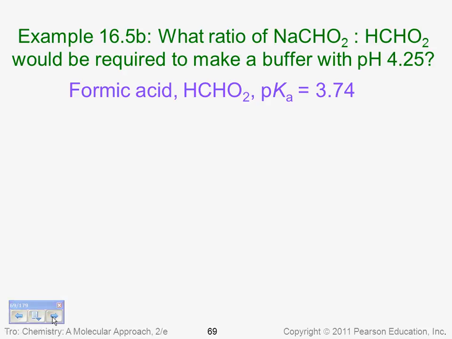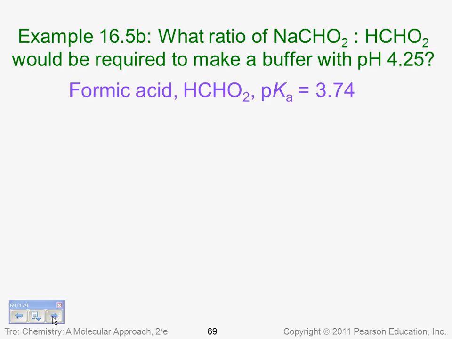Alright, so now that we have chosen, let's do the next step. If I want a pH 4.25 buffer, and I went to my stock room and got all these, and out of all those I want to choose formic acid, the next logical question to ask is what ratio of formic acid to formate ion, right? Because that's what my buffer is made out of.